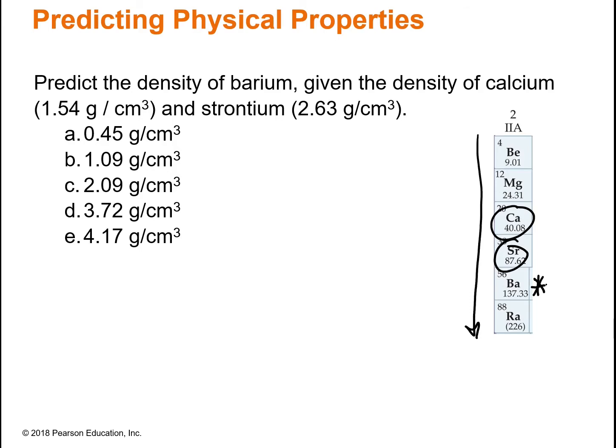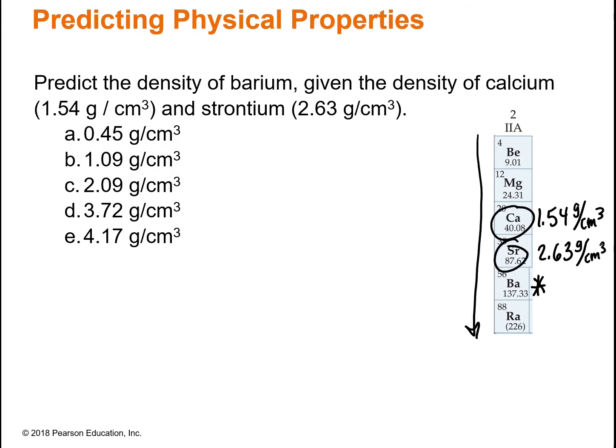So, multiple choice questions. Always try to rule out answers. We see that calcium has a density of 1.54 grams per cubic centimeter, and strontium is 2.63.